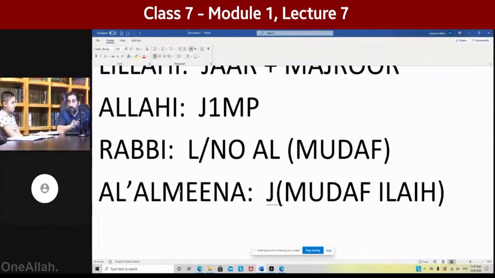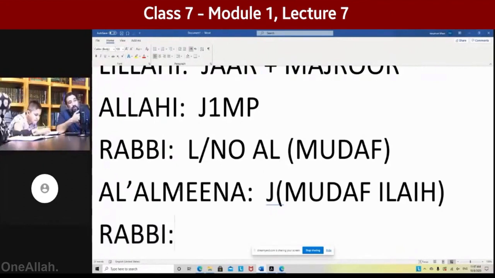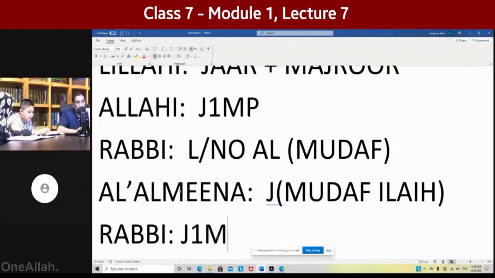But what I will do is write Rabbi again here because I want to learn some more about it. I want 4 properties of the word Rabbi. What's the order of the properties that I want? Status, number, gender, and type. What's the status? Jar. Number: 1, because there's only one. Masculine.